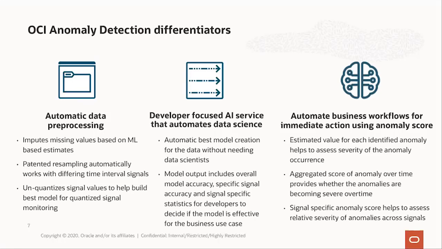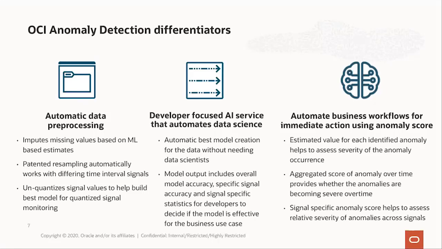Those are the 3 aspects. The way we see our customers use the aggregated score, the signal specific score, and the estimated value is that they have rules based on the difference between the estimated and the actual, rules based on whether the aggregated score is incrementally increasing, and rules identifying whether one of the critical signals has the worst anomaly in the signal specific score.